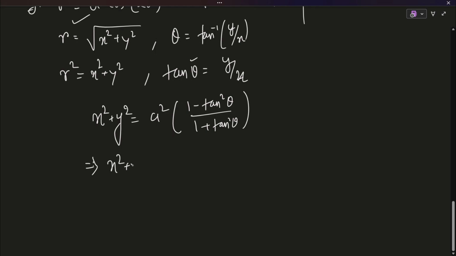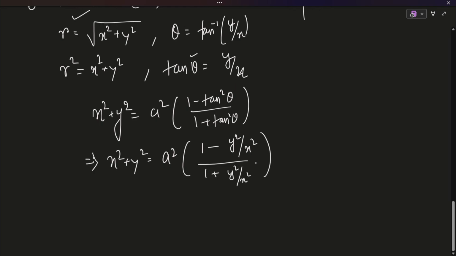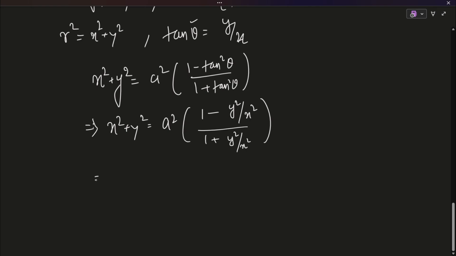So x square plus y square equals a squared whole into 1 minus y square by x square divided by 1 plus y square by x square. And if you simplify this, you get x square plus y square equals a square multiplied by x square minus y square divided by x square plus y square.